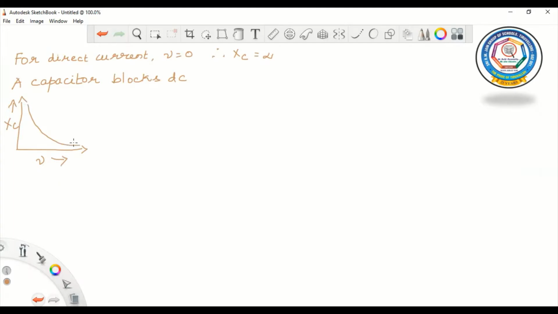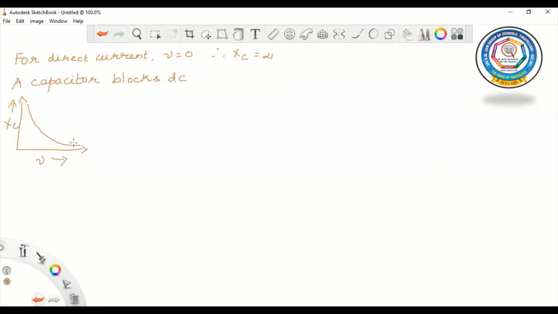The two plates of a capacitor have a perfect insulator between them in the form of a dielectric. When the two plates of the capacitor are connected to a source of DC supply, such as a battery, then momentarily the two plates will be charged with the potentials of the terminals of the battery. Thereafter, no current will ever flow in the circuit. Okay, so this is very important, children. A capacitor blocks DC. Okay, so this is the most important concept.